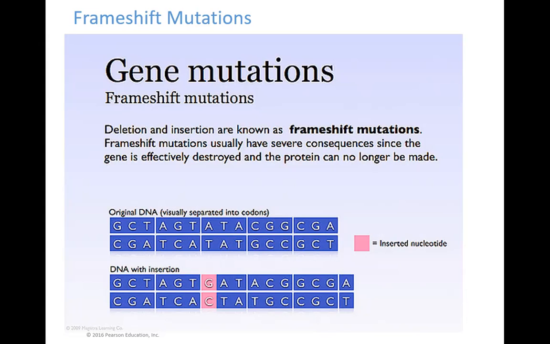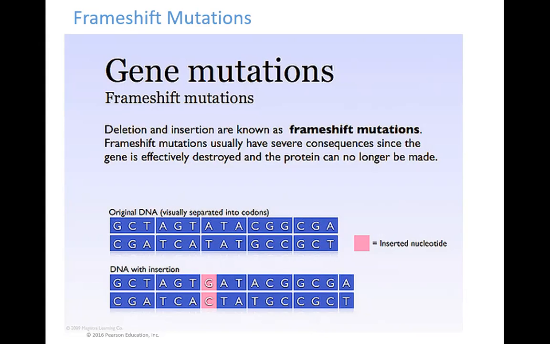The top row GCT, the other side of the DNA strand is CGA. Guanine and cytosine are complementary, thymine and adenine are complementary. You can see GCT and below it CGA. On the next row, next to it, you got AGT and its complement TCA. The third one, ATA and TAT.